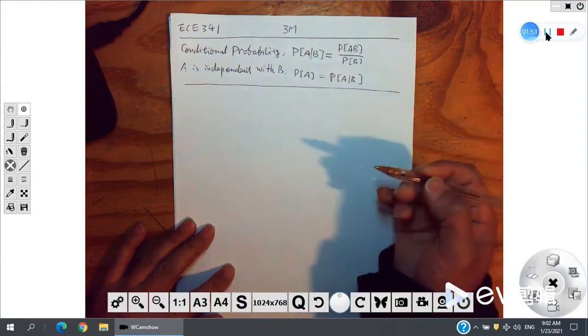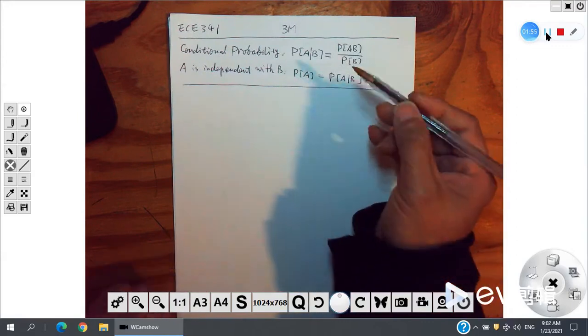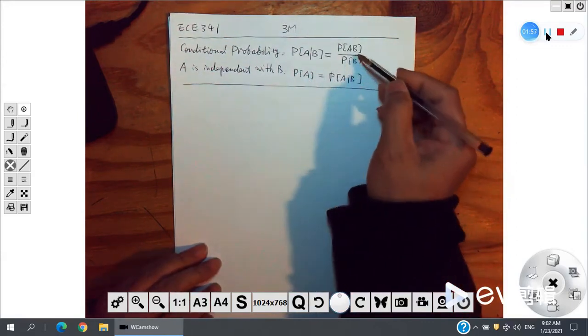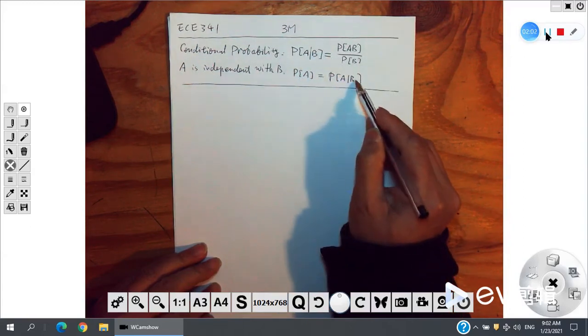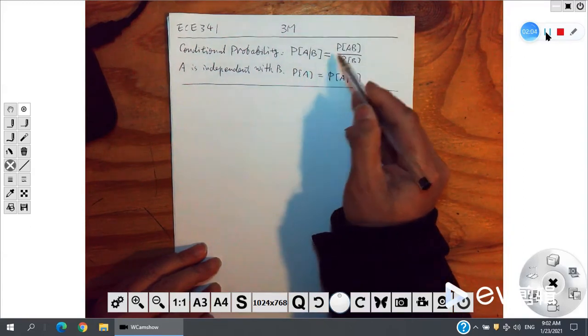Okay. Now we want to find, if we combine these two, this is A under condition B, this is also A under condition B. So these two are the same, right?